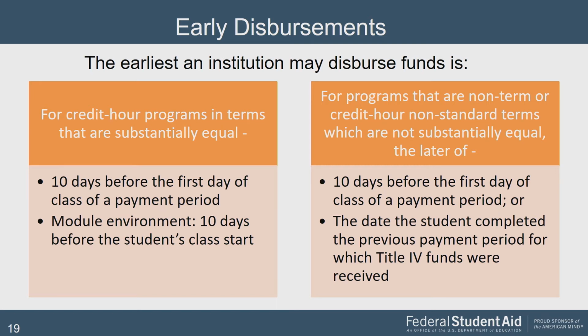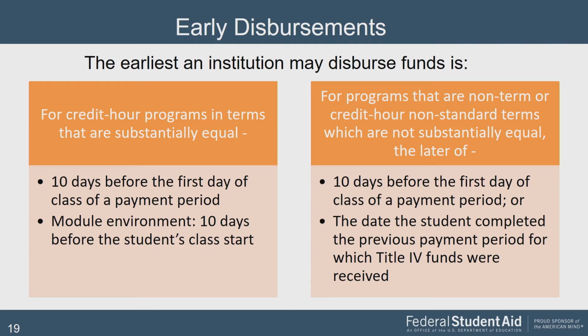Now, for credit hour programs in a module environment, you can make payments, again, 10 days before the student starts class. But if you are a clock hour institution, if you're non-standard, if you have programs that are not substantially equal in length, the date the student completes the previous payment period is when the student can receive their funds.